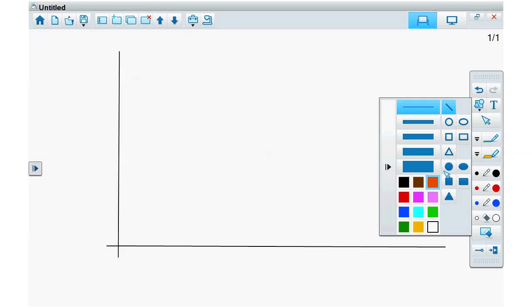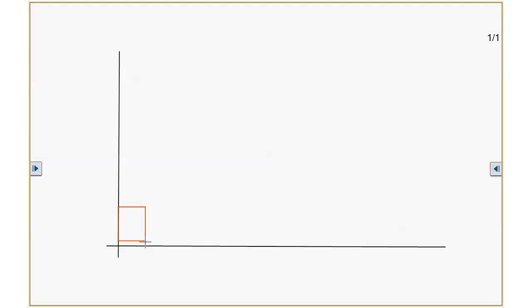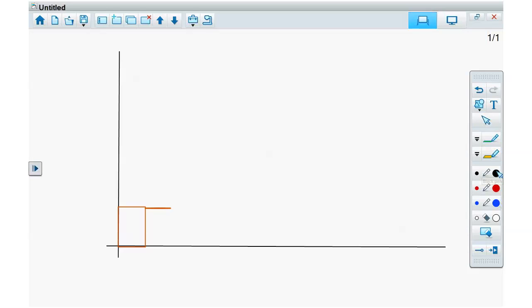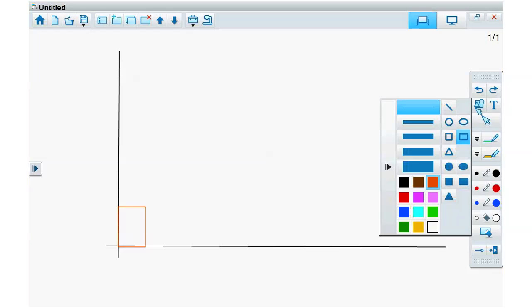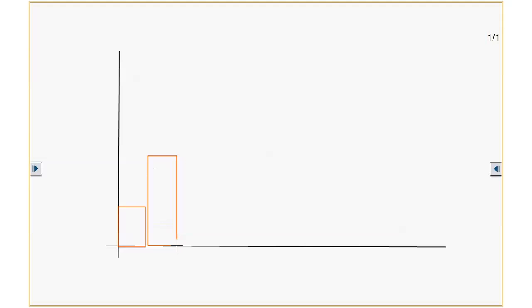All right, let's go with rectangle. And let's say this rectangle is at 2. And this rectangle is at 4. And a rectangle is at 8. So that's 2, that's 4, that's 8.